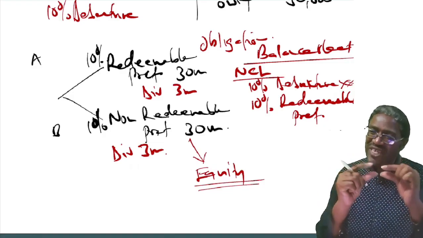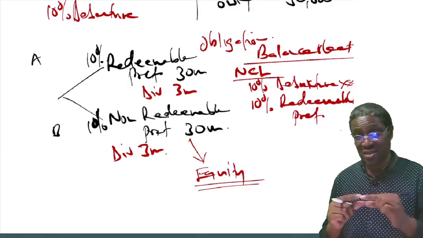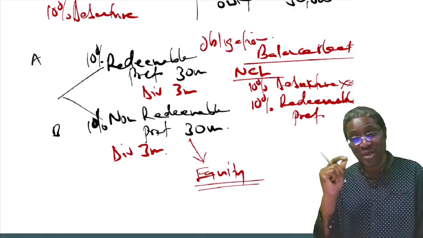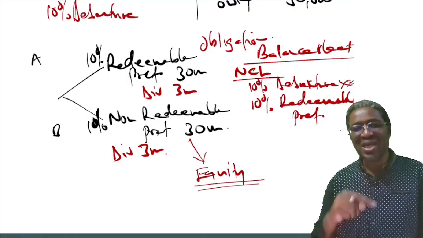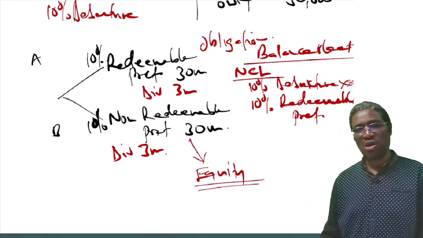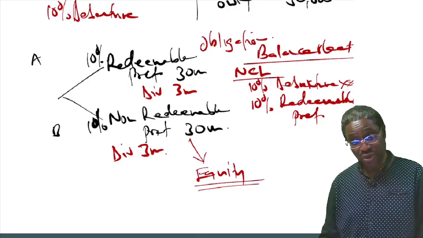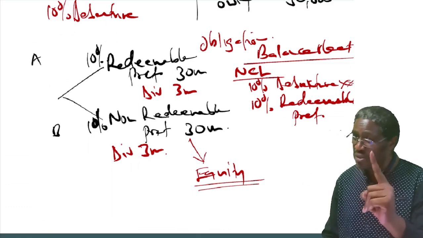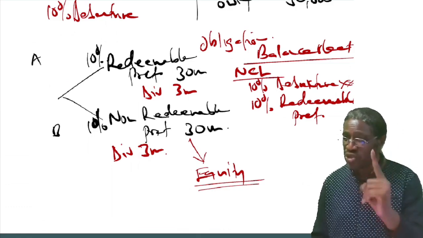That's where the dividend of the preference would come in for the non-redeemable. That 3 million for Company B becomes an appropriation of profit. Important to know that. The dividend of Company A is not an appropriation of profit.